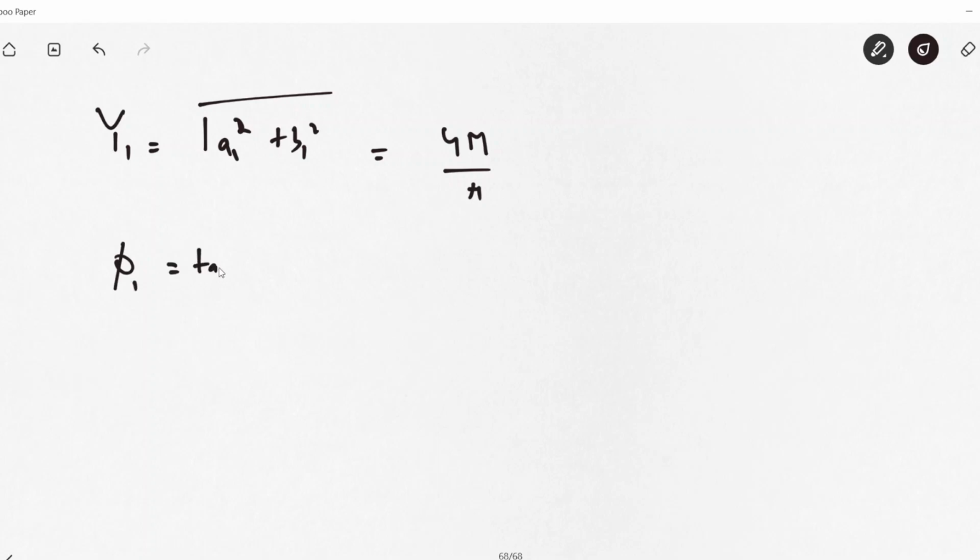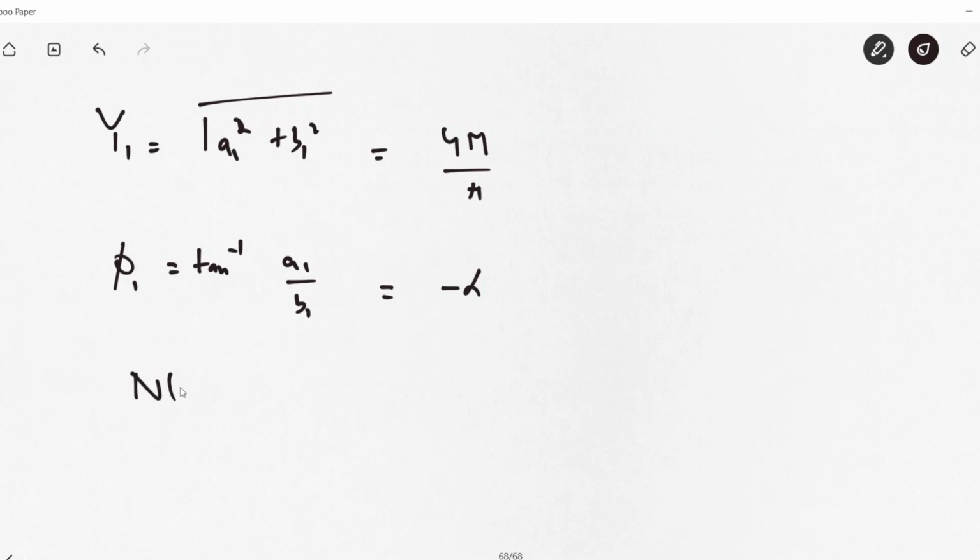Therefore y1 will be equal to under root of a1 square plus b1 square. So you can substitute the values. It will come out to be equal to 4m by pi, and phi1 will be equal to tan inverse of a1 by b1, which will be in this case simply equal to minus alpha.